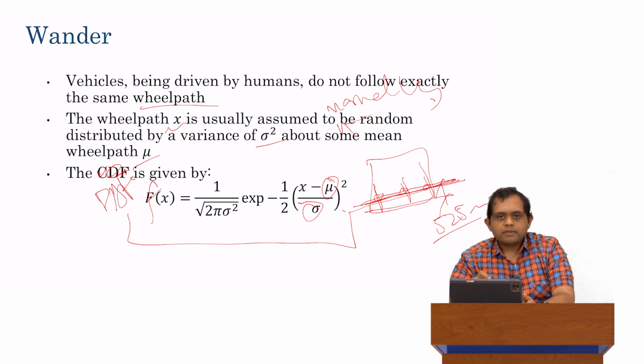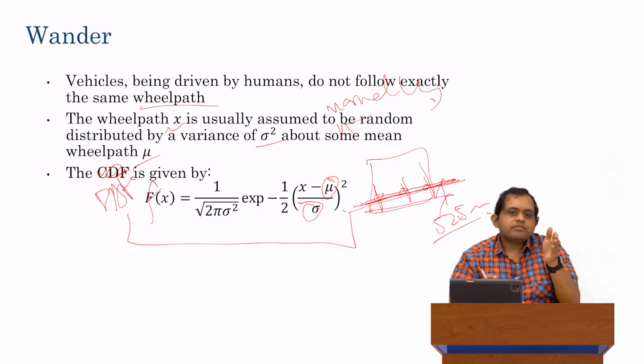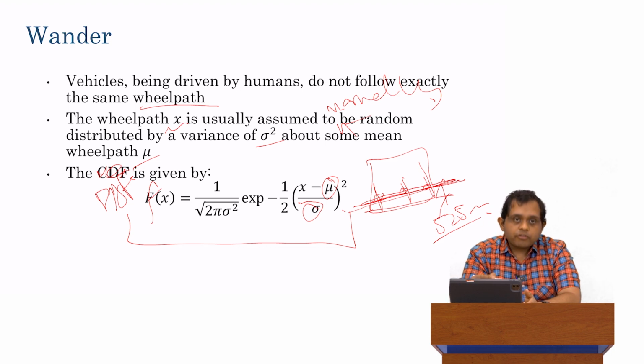This is the phenomenon in which vehicles do not follow an exact wheel path, but rather wander a little bit left and a little bit right, but still within the same lane. That's an important point, within the same lane. This phenomenon, which has been observed quite widely, is called wander.